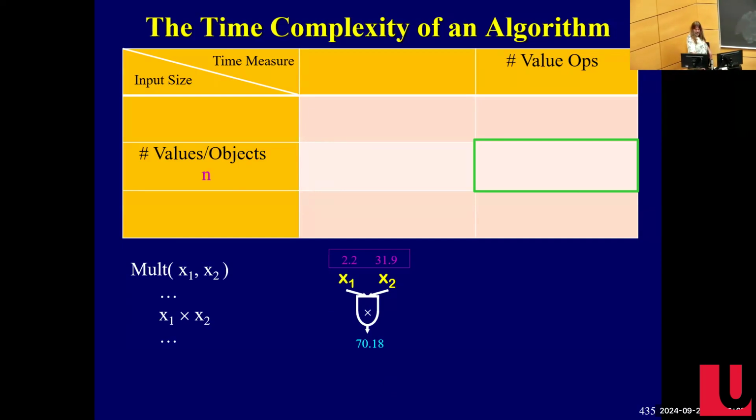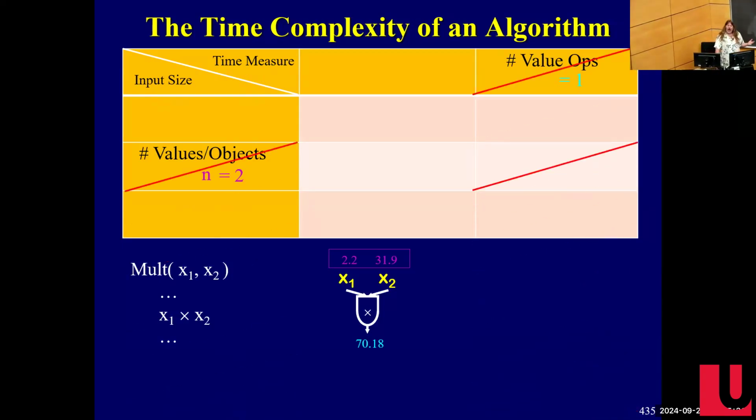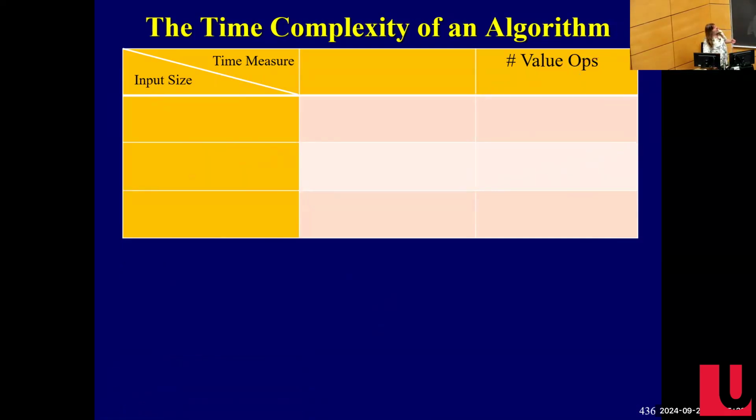Well, you'll say, we've chosen our model of computation, and in that model, the size of the input is 2, and the number of value operations is 1, i.e., all you did is one multiplication, right? So clearly, that's a dumb model for this problem, right? Everybody agree with that?